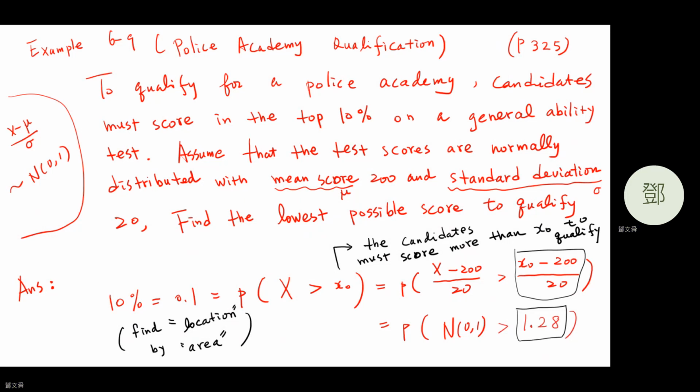About the theorem in the previous slide, the standardized X here has the standard normal distribution. So it is N(0,1). And what is this?